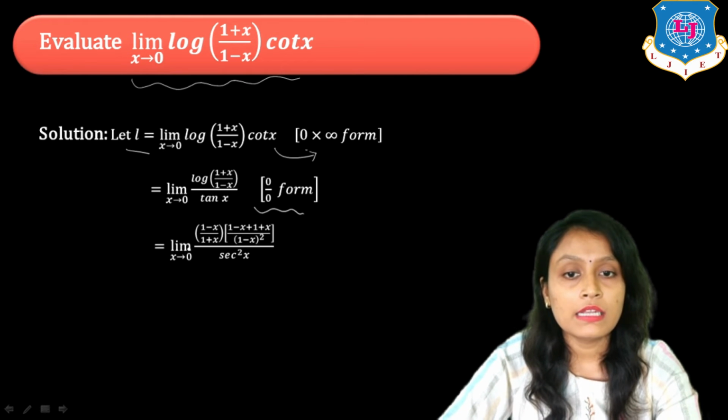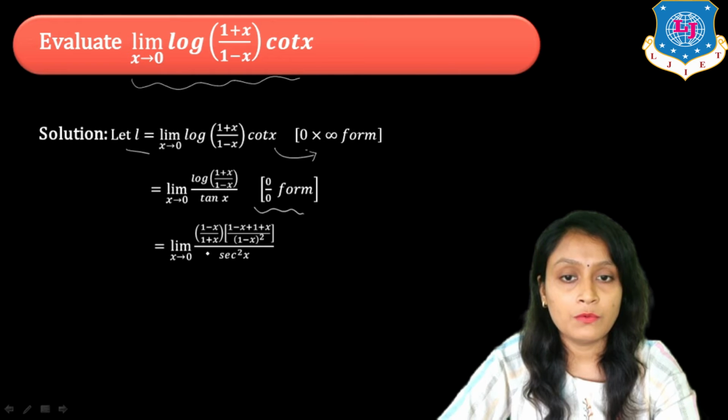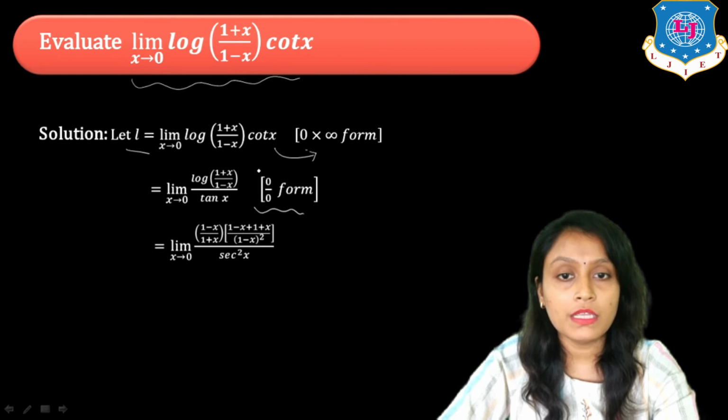So we will apply L'Hopital's rule. Okay, so we have to take the derivative of numerator and denominator separately. So the derivative of log of (1 plus x upon 1 minus x) will be 1 upon (1 plus x upon 1 minus x), so it will become 1 minus x upon 1 plus x, and now we have to apply the u upon v rule to solve this.